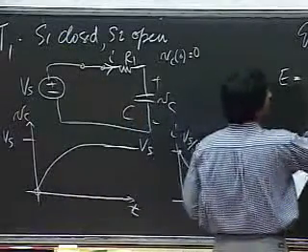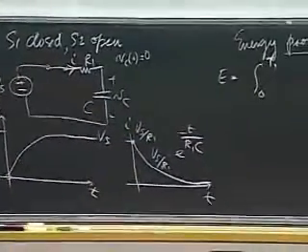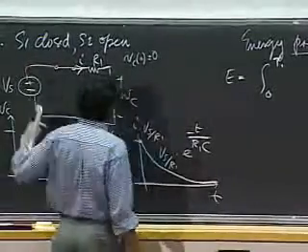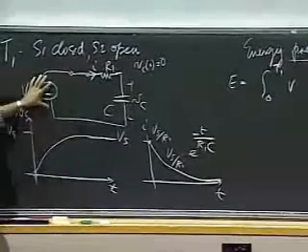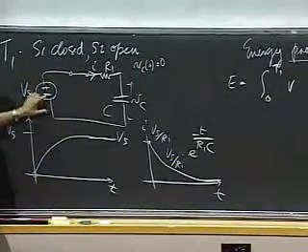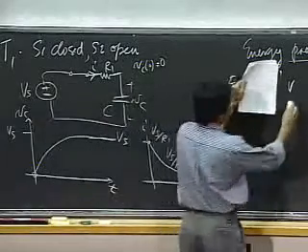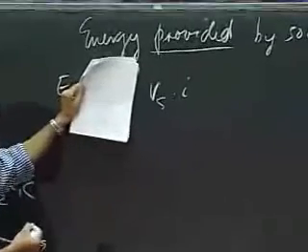So total energy is going to be the instantaneous power integrated over time. Remember, the instantaneous power is simply Vs times the current I. That's the instantaneous power.